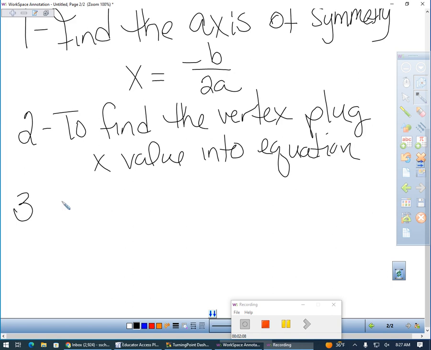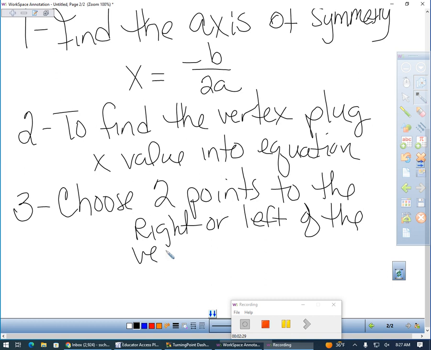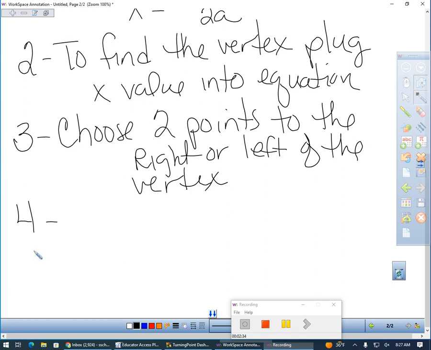Step number 3, we are going to be picking or choosing 2 points to the right or left of the vertex. Step number 4, reflect points. And then step number 5, connect your dots.